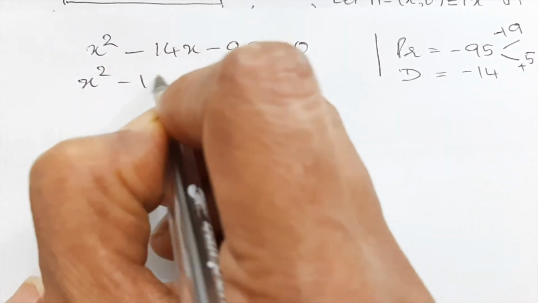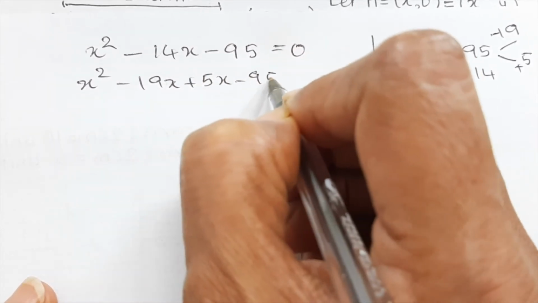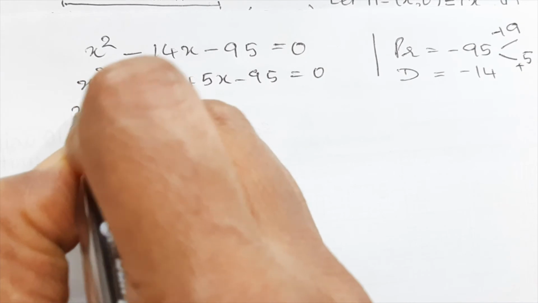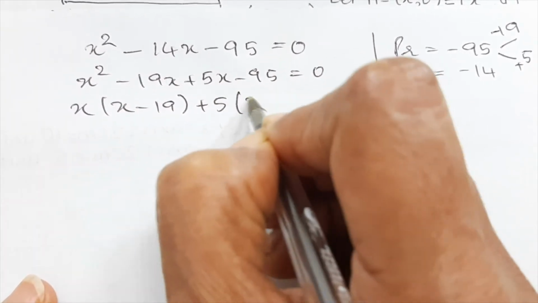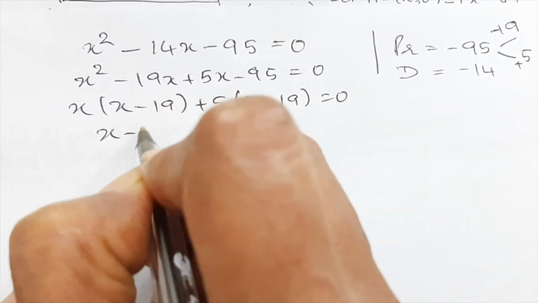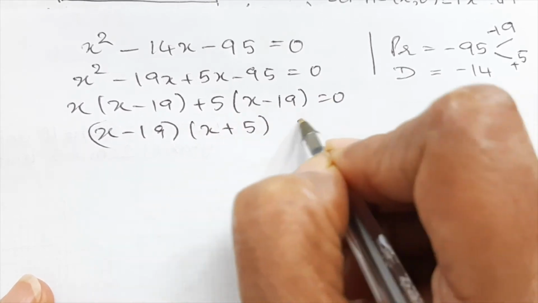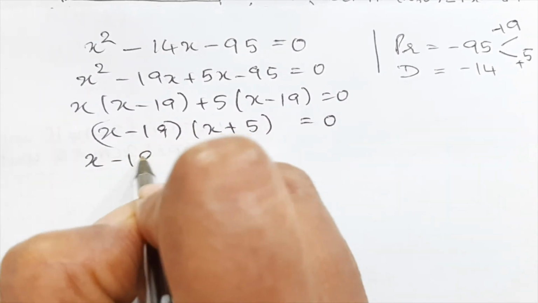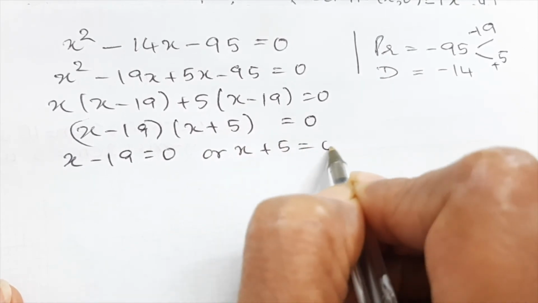So x squared minus 19x plus 5x minus 95 equal to 0. So x into (x minus 19) plus 5 into (x minus 19) equal to 0. So (x minus 19) into (x plus 5) equal to 0. So x minus 19 equal to 0 or x plus 5 equal to 0.